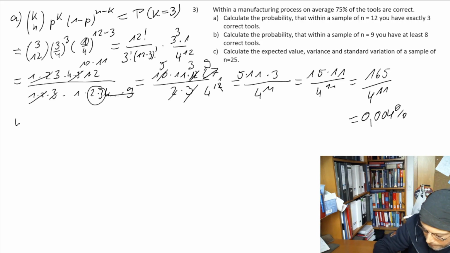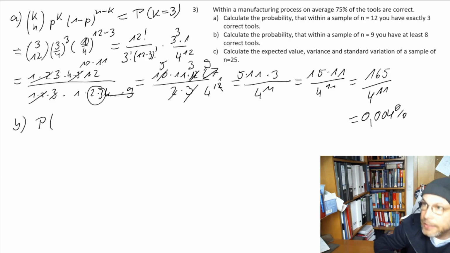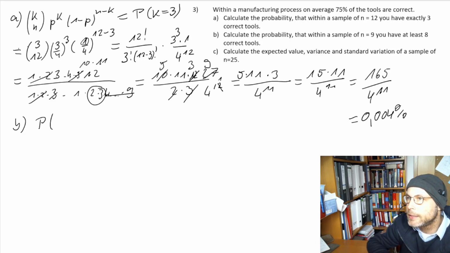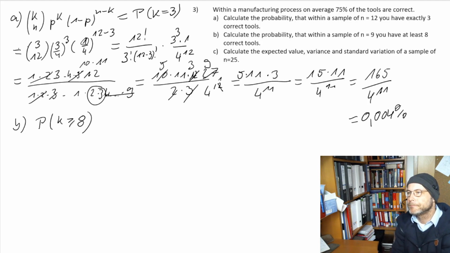This was A. And now we want to calculate the probability that at least 8 are correct. So it is K larger than or equal to 8. How do we do this? Any idea? Again, it is still the same binomial distribution.